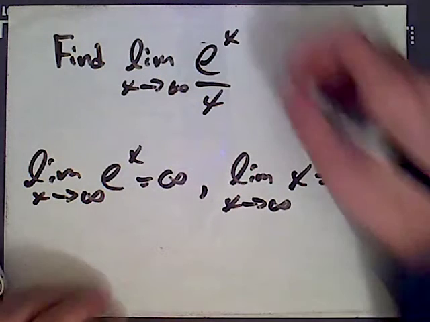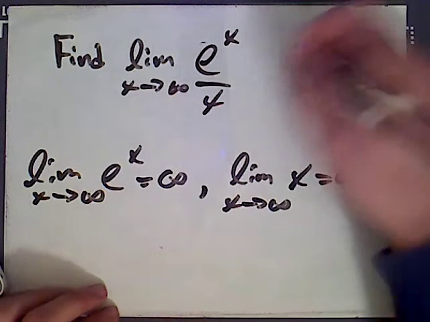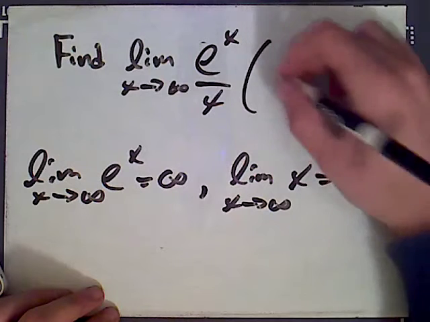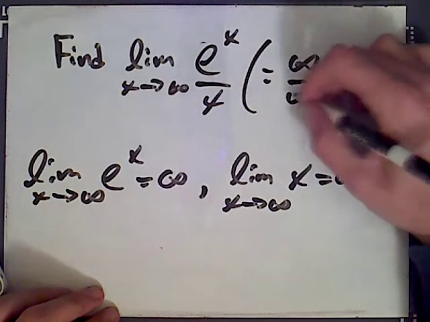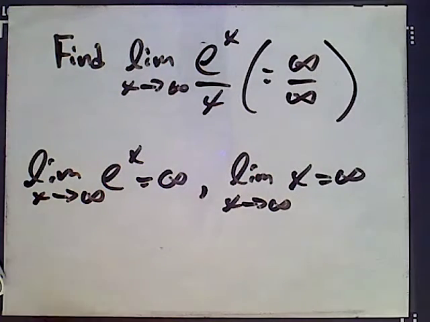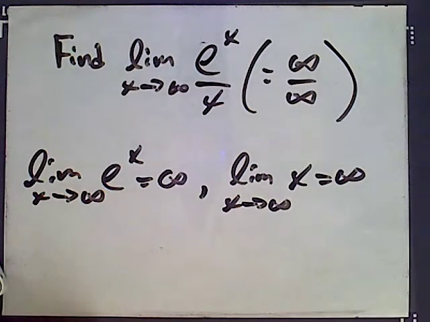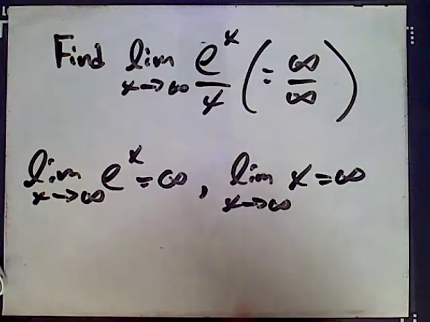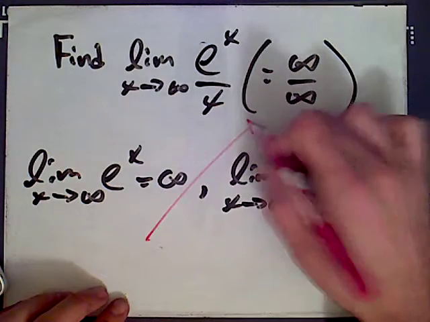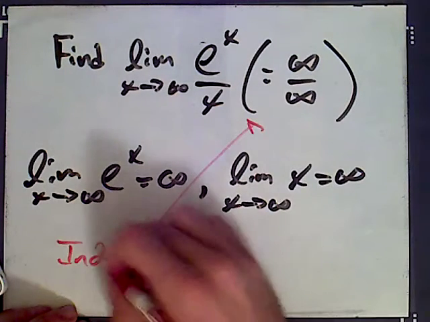Okay, so here we get something like infinity over infinity. This expression isn't exactly precise, but what I mean to say is that the limit of the thing on the top is infinity, and so is the limit of the thing on the bottom. Okay, so this is another indeterminate form.